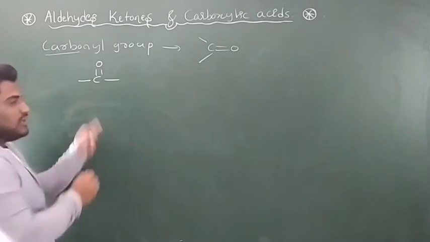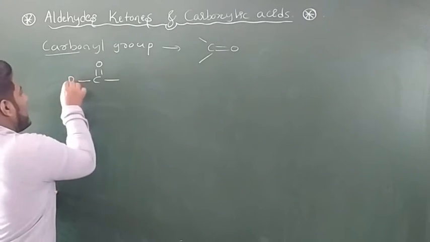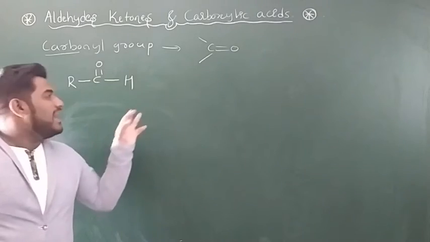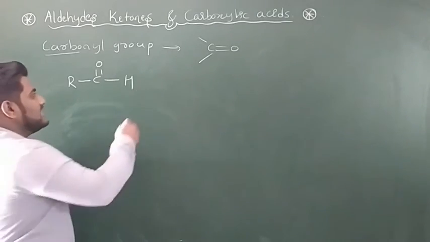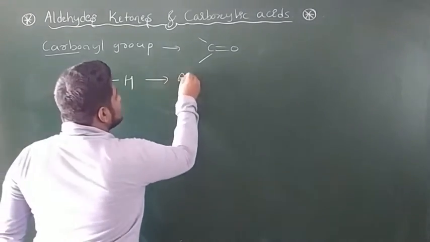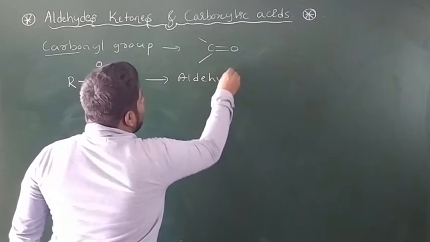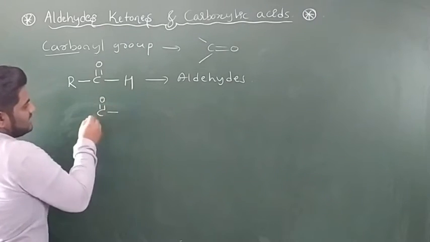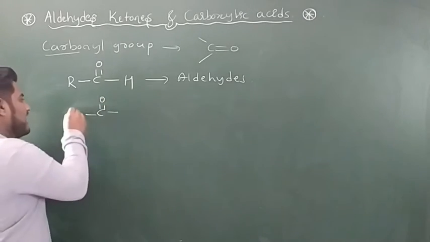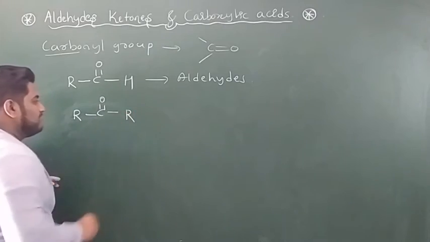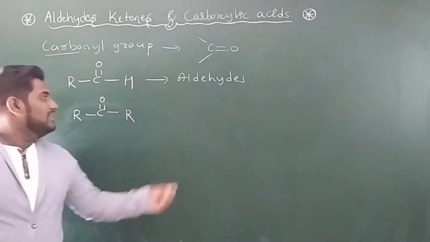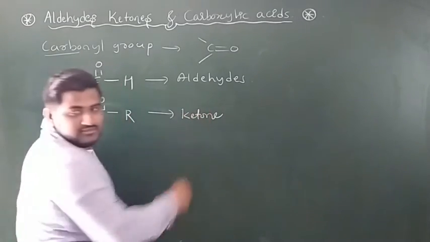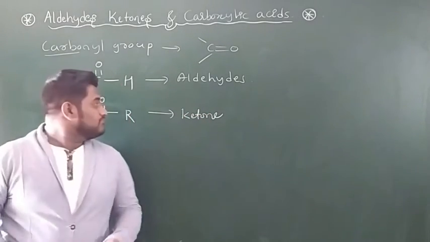If we attach on both sides, one side R, another side H, that means one side alkyl group, another side hydrogen, such compounds are called aldehydes. If both the valencies of the carbon are satisfied by alkyl or aryl groups only, both sides R group, then it is called ketone.